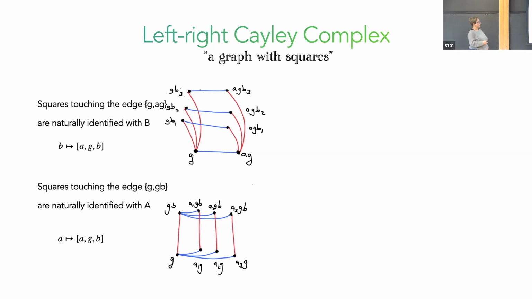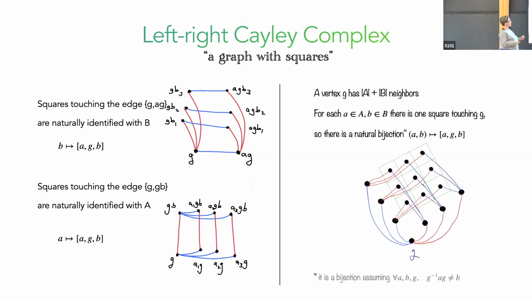Now let's look at what this complex looks like from the perspective of one vertex. I fix a vertex G. Firstly, I see that I have A neighbors and B neighbors. These are the A neighbors and these are the B neighbors. For every choice of neighbor in the A set and neighbor in the B set, I can complete the square like this.